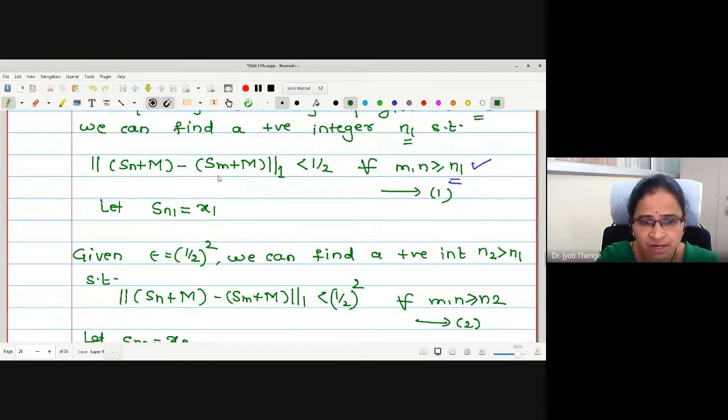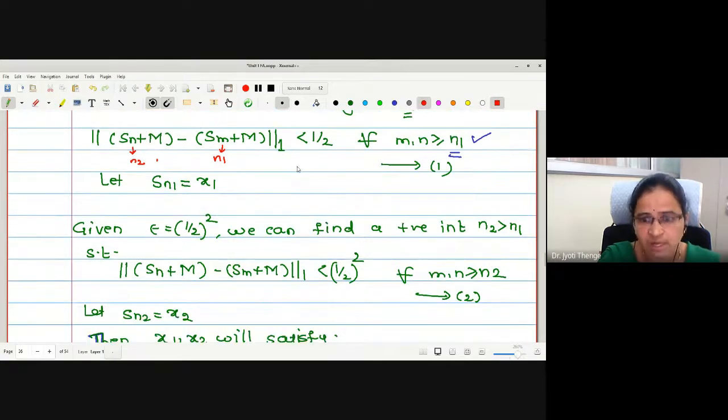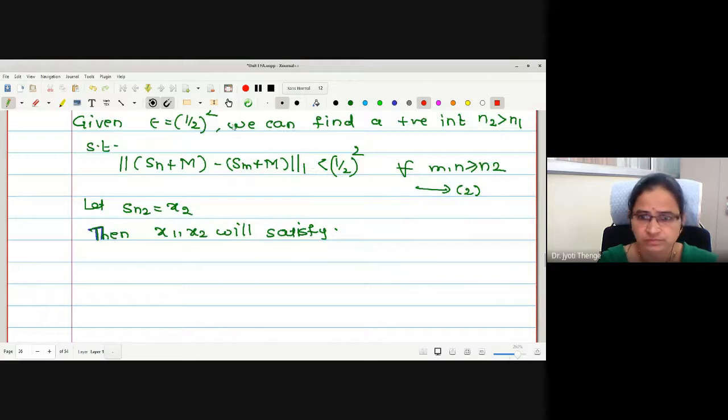Therefore, it is true for all m, n greater than or equal to n1. Let me put the value of m as n1. Then n2 is greater than n1, so let me put n as n2. Therefore, from equation number 1, can I write that the norm of Sn2 plus m minus Sn1 plus m is less than half?